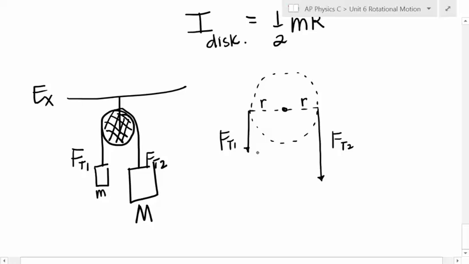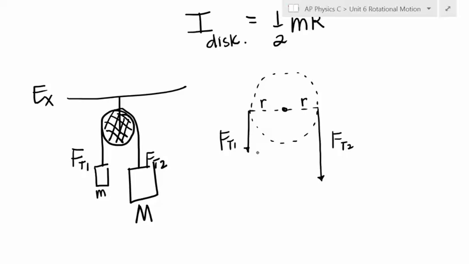So some of the gravitational energy that the big mass has here, if you let this system go, would the little mass go up or down? The little mass would go up, the big mass goes down. The big mass has gravitational energy. It's going to be converted to kinetic energy of that mass that goes down.